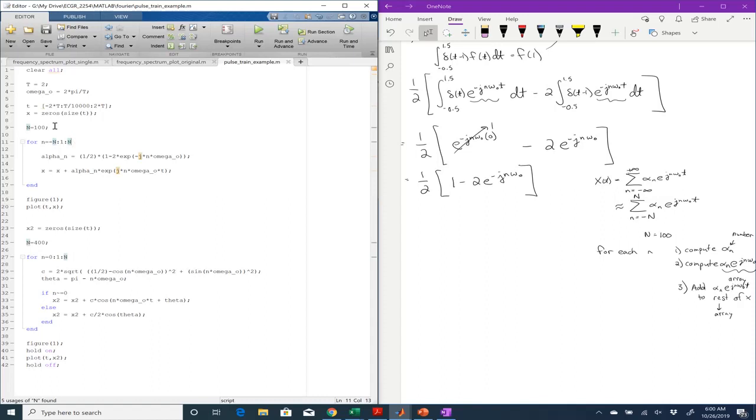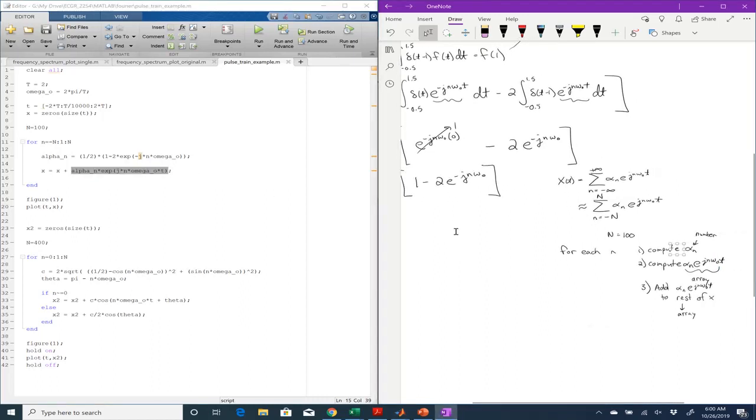All right, so notice in this case, I've set N equal to 100. What I've done is I went through and calculated for myself what alpha n is. Again, remember that's just going to be a number. And then here I have alpha n times exponential j n omega naught t.